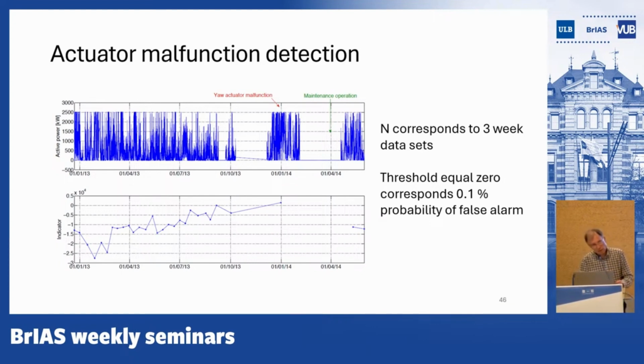And you see that at some stage we actually cross the zero threshold here, which corresponds to the occurrence of a fault, and indeed a yaw malfunction was observed at this stage. So a maintenance operation took place, and you see that our fault indicator falls back to negative values, which then correspond, again, to a healthy situation.